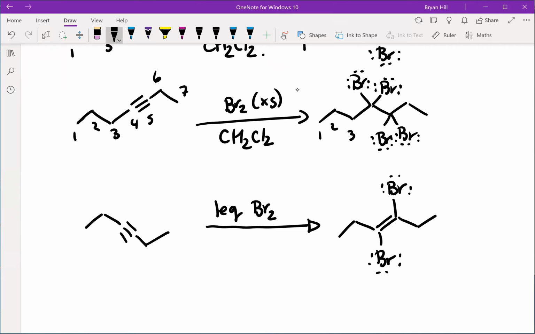So the two bromines should be on the opposite sides of the carbons. If we were to assign a configuration to this double bond, what would the configuration be? Is it E or is it Z?